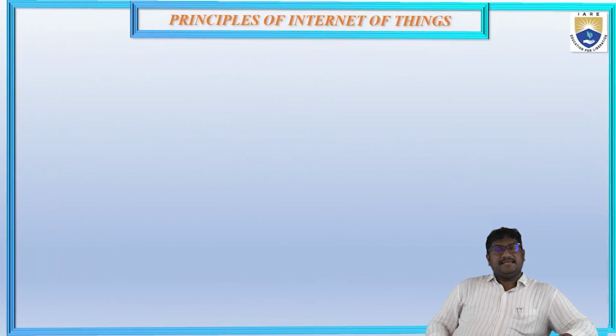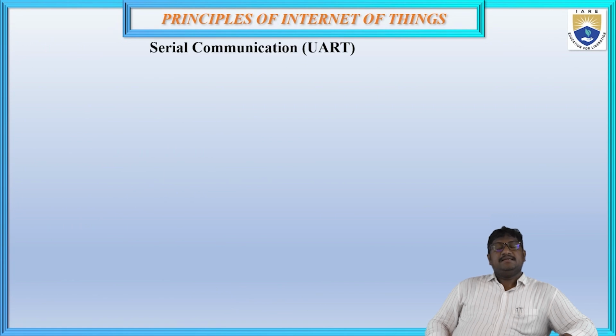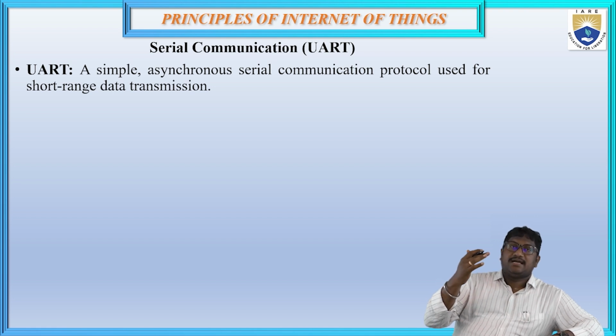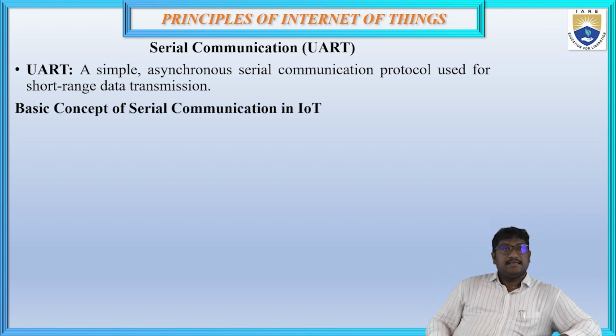Coming to the main thing, which is the interfaces, serial communication. What is serial communication? UART. What is UART? It is a simple asynchronous serial communication protocol, which is used for short range data transmission. Got it, guys? What kind of concept exists in serial communication in IoT?